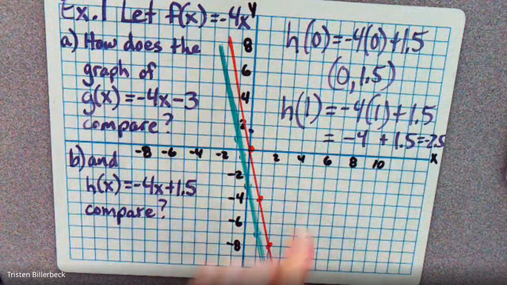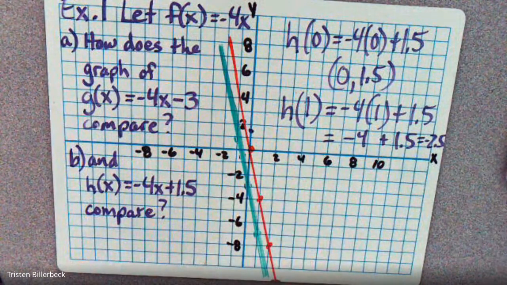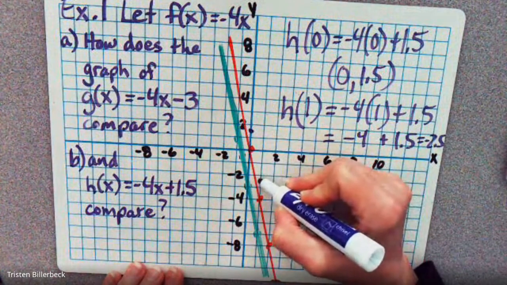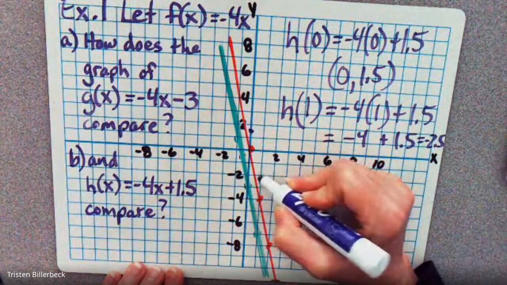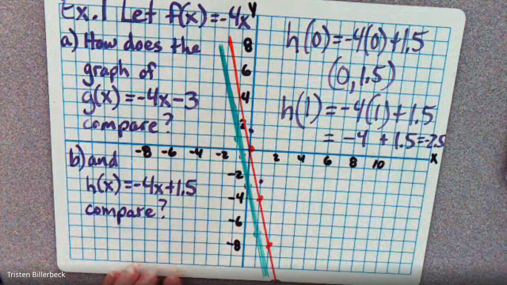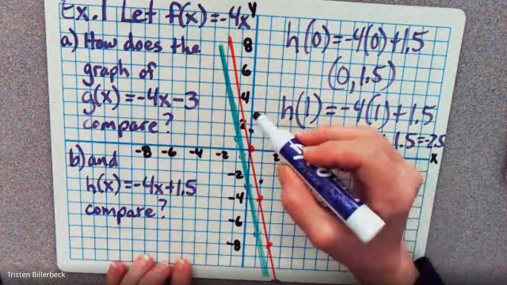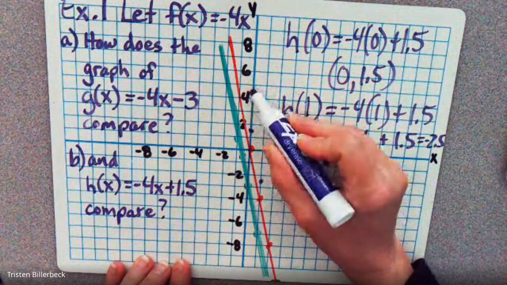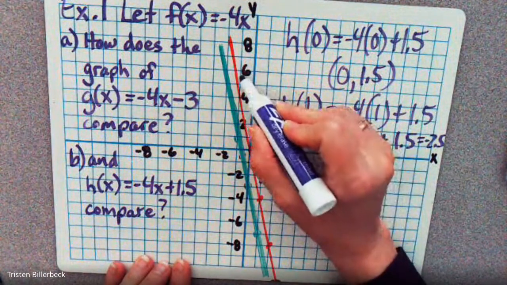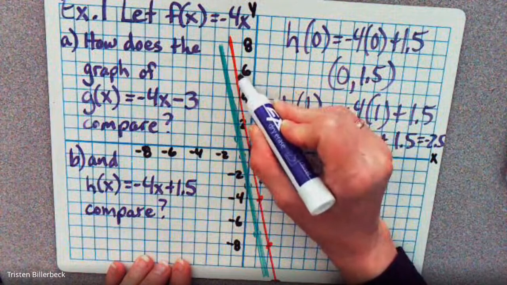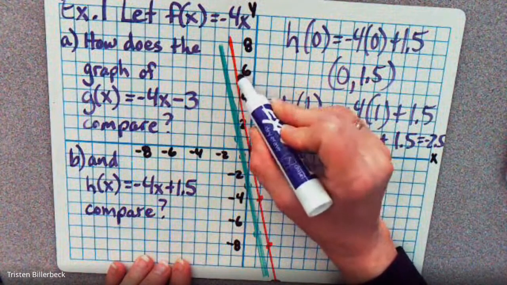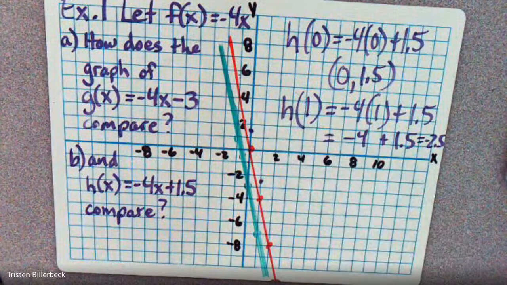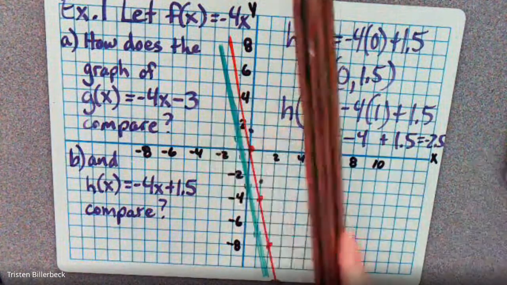So at 1, we're going to be at negative 2.5 right here. That's very close to the other one. Then if we again rise 4, 1, 2, 3, 4, run 1, we have another point right here. Run negative 1, we have a point right here, and that is right on that line. So let's draw that line.